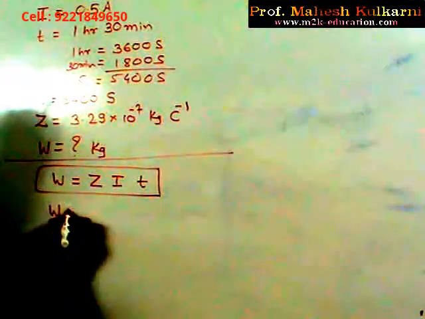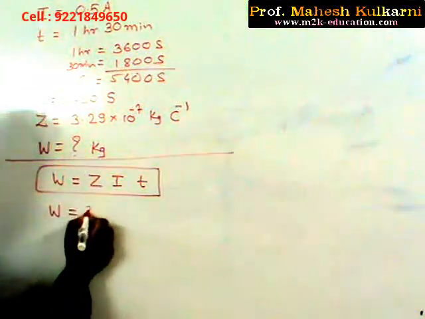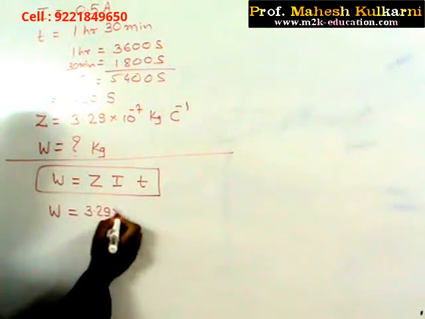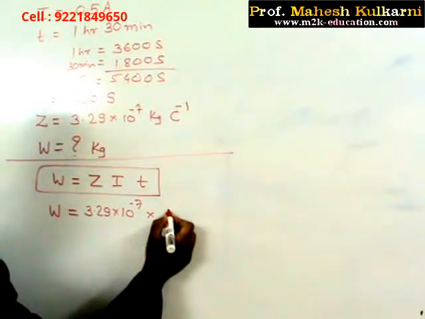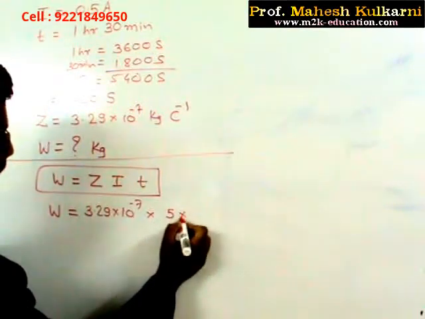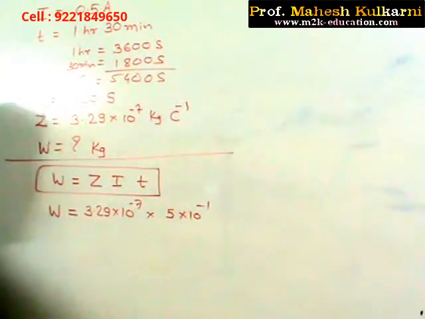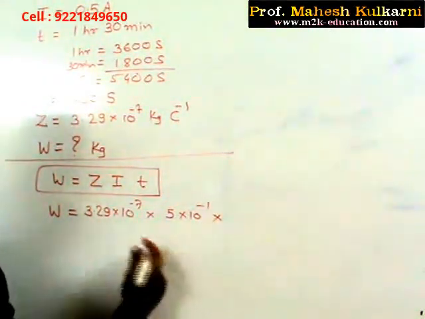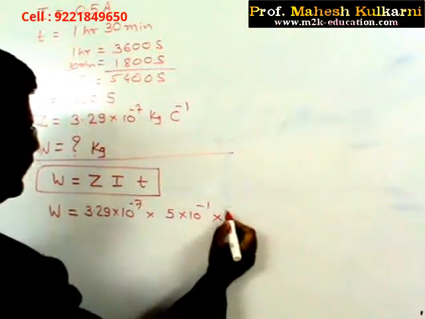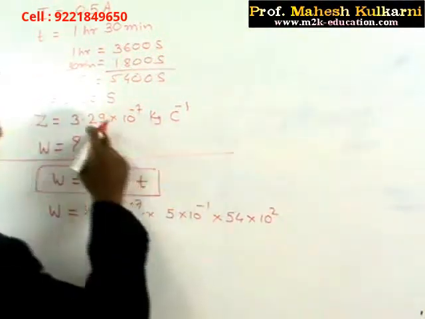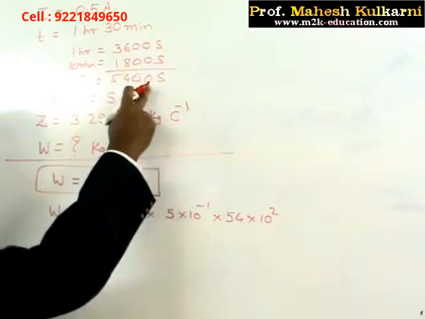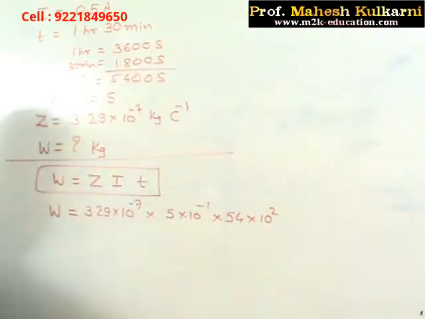So W is equal to, now substitute the values: Z, that is 3.29 into 10 raised to minus 7, into I, that is 0.5. I can write 0.5 as 5 into 10 raised to minus 1 for simplicity. Multiply by T. T is 54 into 10 raised to 2. I am converting 5400 to 54 into 10 raised to 2.